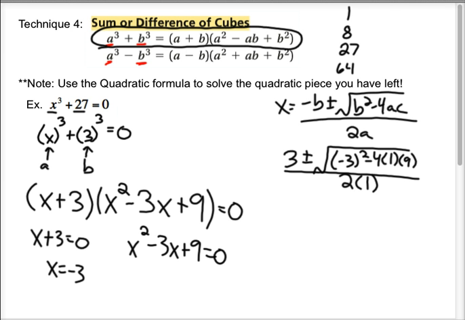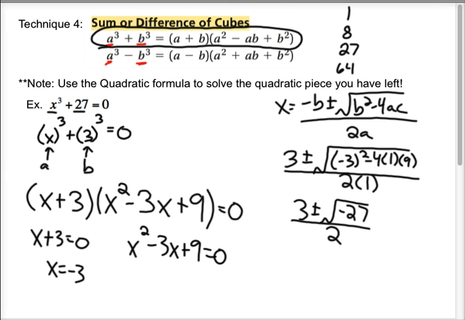All right. So remember, when we're simplifying, the first thing I want to do is get a single number under the square root. So negative 3 squared minus 4 times 1 times 9 gives me a negative 27.